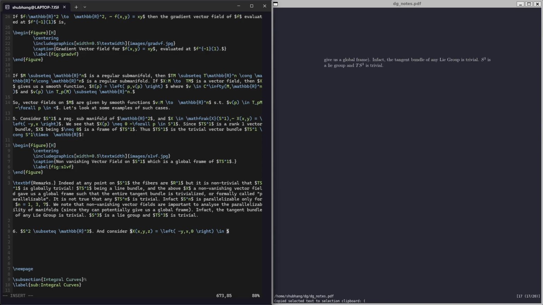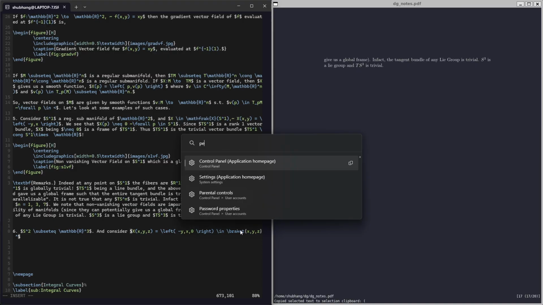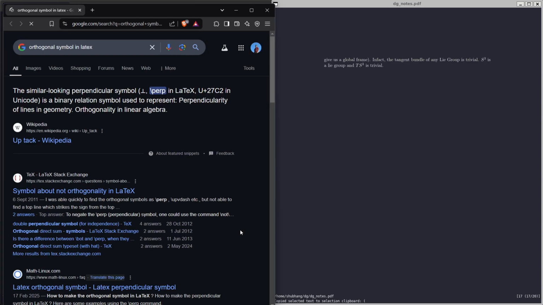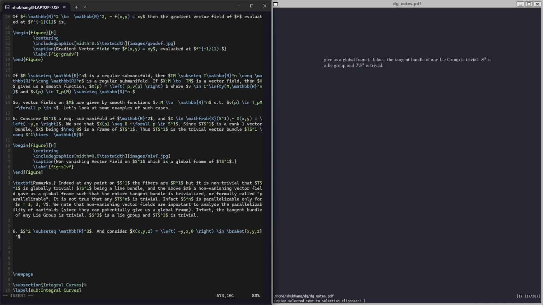It was important that it belongs to the tangent space, since (x, y, z) is perpendicular, orthogonal, to it. Interesting, that makes sense.